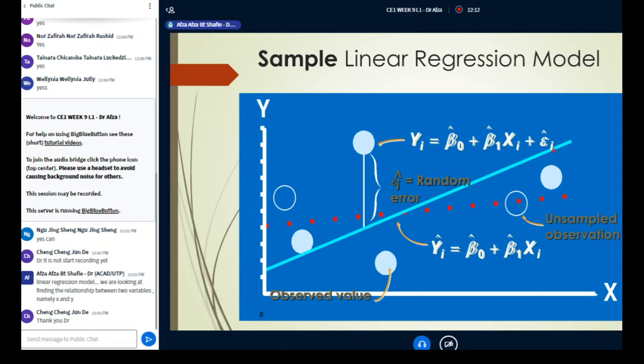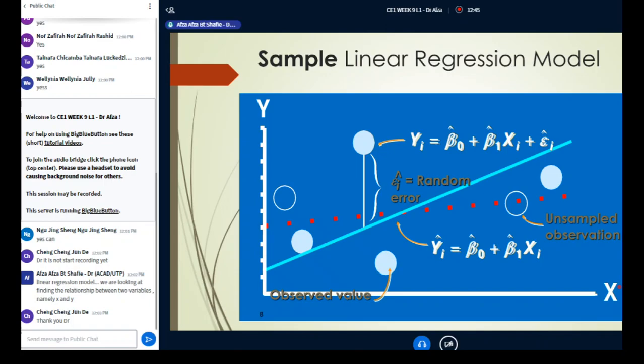We just take certain values; these are the sample values that we take. Once we plot all these values, we are trying to find how we can use them to find the relationship between the x and the y. This is our objective.